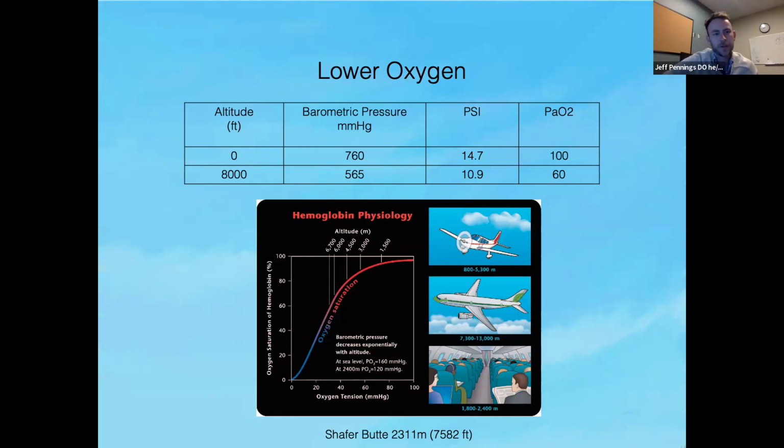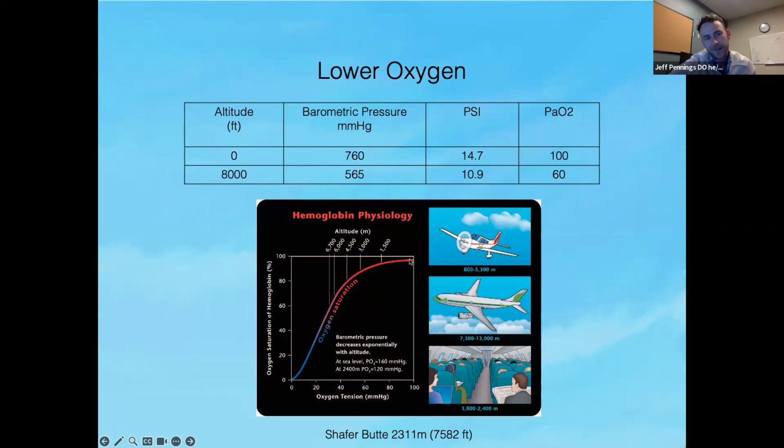So if you look here at altitude, at sea level, partial pressure 760 millimeters of mercury, or PSI of 14.7. And then the PaO2 is going to be, for a normal patient without lung disease or cardiovascular disease, 80 to 100. And then at cabin pressure, which is again around 8,000 feet, PSI 10.9, the partial pressure actually drops to 60 in a healthy individual.